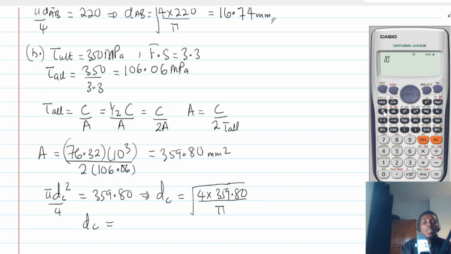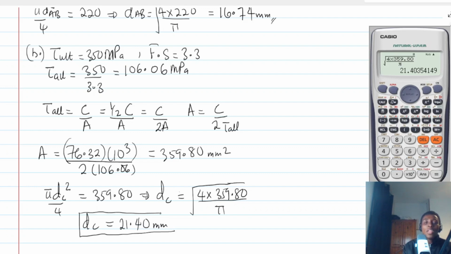So dc will be 4 multiplied by 359.80 divided by pi, which is 21.40 millimeters.